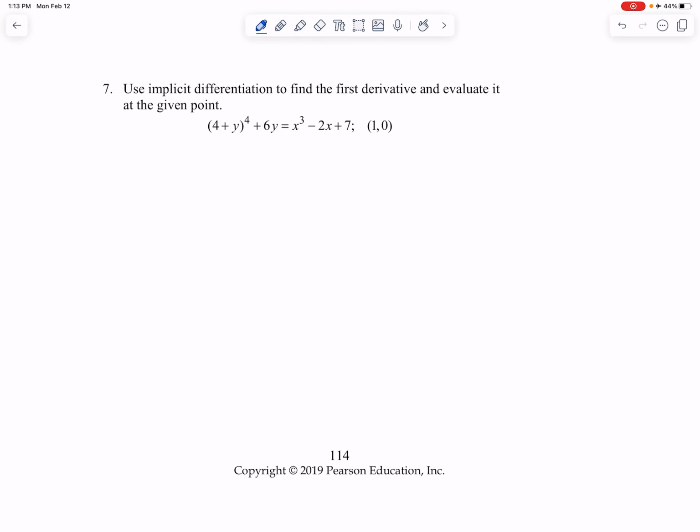Okay, our last example for today, using our implicit differentiation. Let's do this. 4 plus y to the 4th plus 6y equals x cubed minus 2x plus 7. Okay, let's take the derivative. I'm going to rewrite it over here actually.